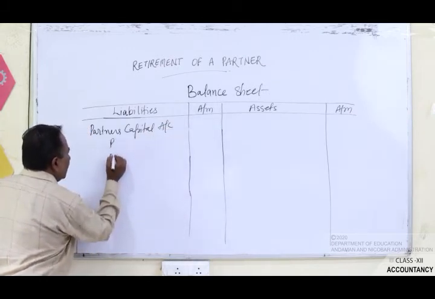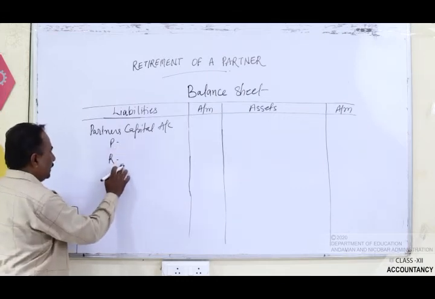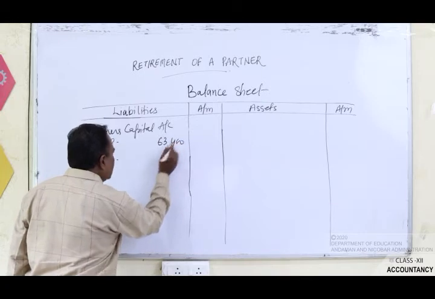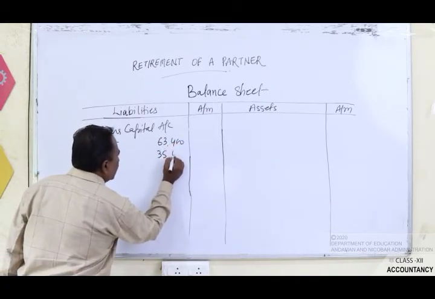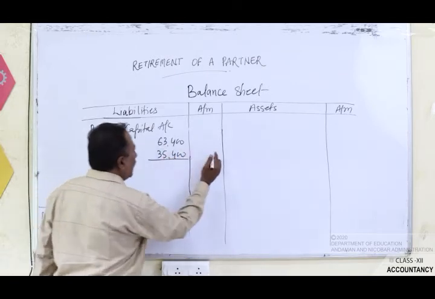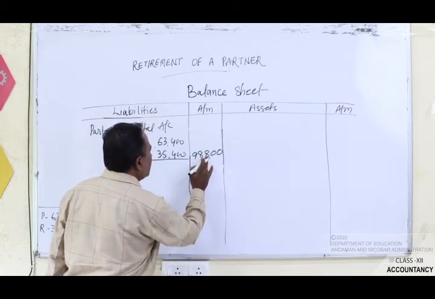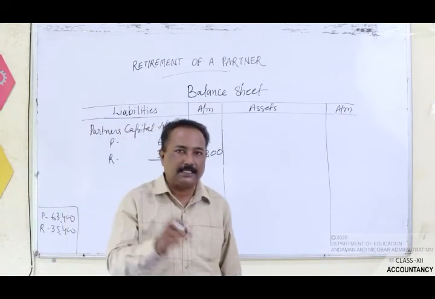The partners left in the partnership business now are P and R, and their capital balances are 63,400 and, for R, 35,400. Total these two figures and take it to the outer column. It is 98,800.